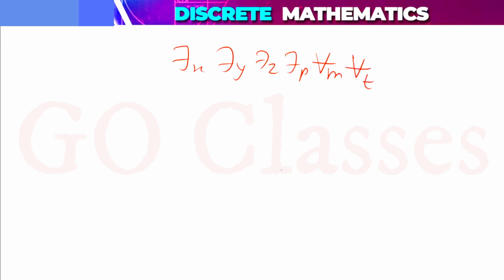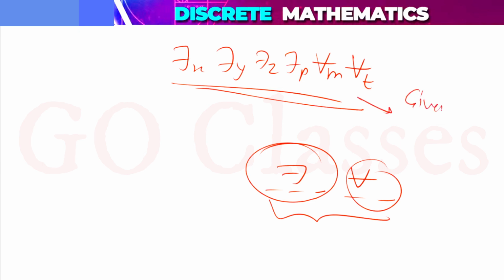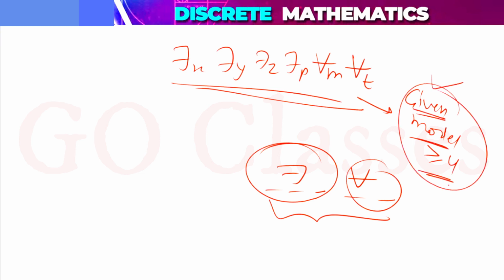When you have this type of scenario where you have basically there exists, then you have some for all, and let's assume that they give you that there exists a model of size greater than or equal to 4, maybe 4, 5, 6, 7, does not matter.